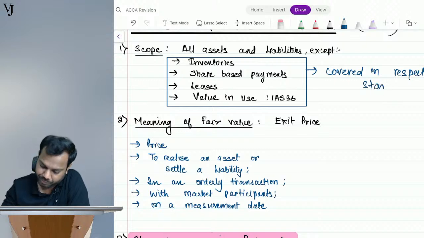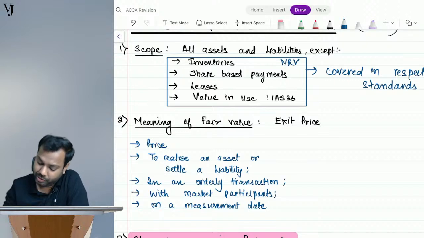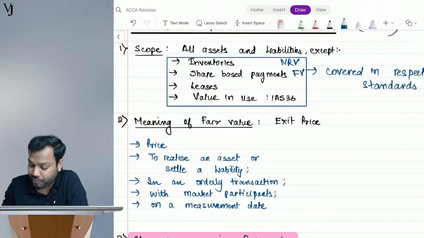Inventories, we calculate NRV. The meaning of NRV is given in inventories itself. Share-based payments, fair value of the options. This calculation of fair value is given in share-based payment itself.